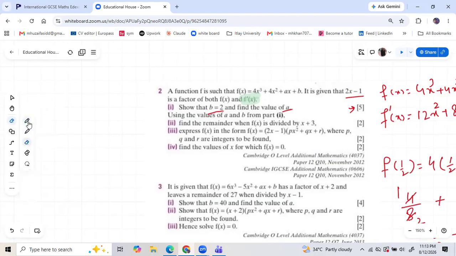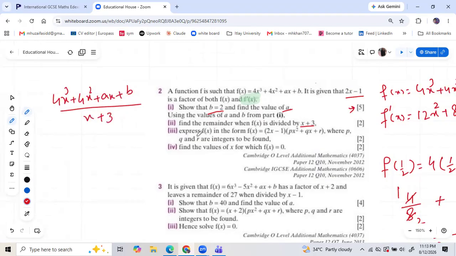I'm just writing. Our equation is 4x cubed plus 4x squared plus a of x plus b divided by x plus 3. And we want to find the remainder.